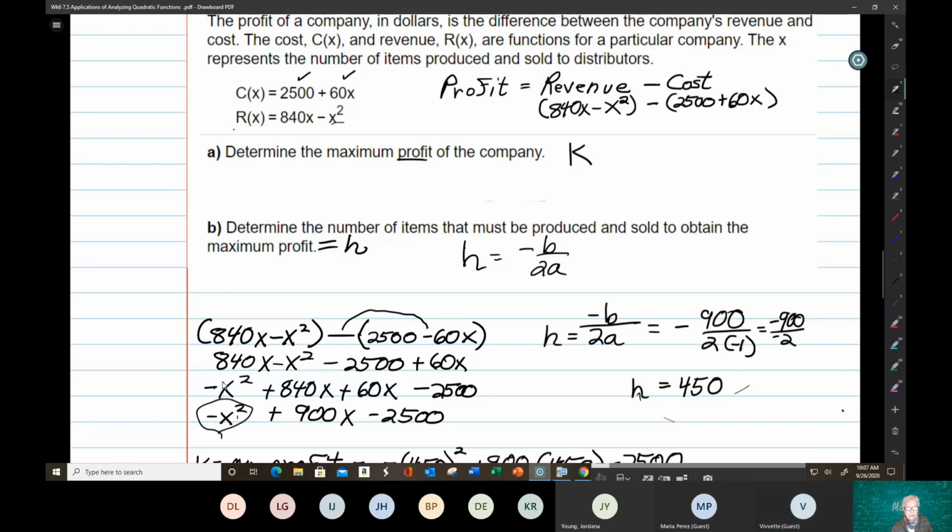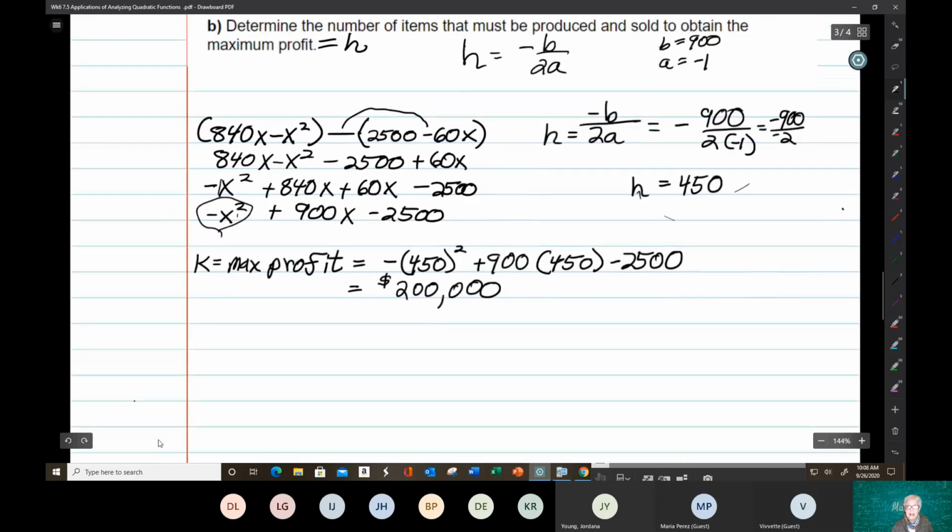And our A is negative 1 in this case. B is 900. And A is negative 1. The number in front of the x squared is what A is.